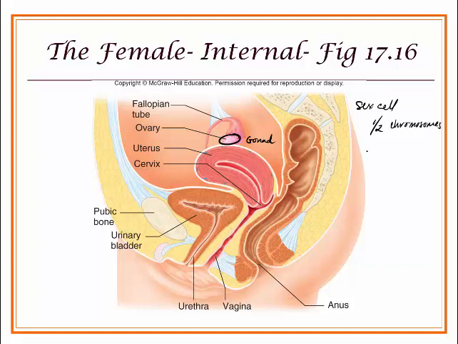And of course, if you put 1/2 of the chromosomes from the sex cell from the female and 1/2 of the chromosomes from the sex cell of the male, we get one whole cell, which will then start dividing and dividing and dividing into trillions of cells big, and we have a new human. Okay. So the gonad will produce an egg, which is also known as an oocyte for the female gamete.